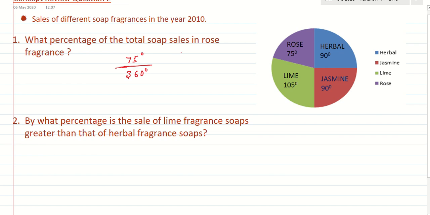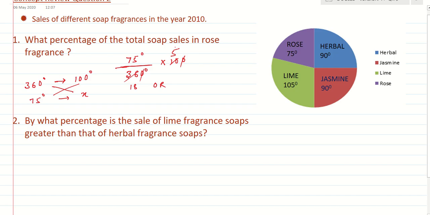Right? So I can say into 100, correct? Or I can say the other way, that 360 degree is equivalent to 100, correct? Then 75 degree, what is the x value? Cross multiply it, same thing. What is the answer we get? This is 18. This is 5.